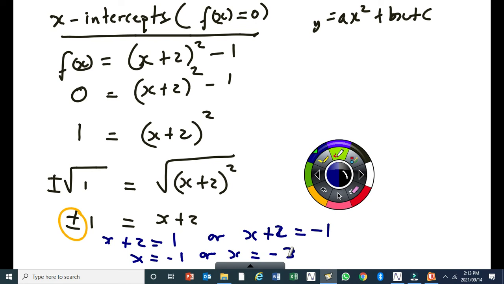In grade 10, your x-intercepts had the same value in terms of magnitude. If you got a negative 1 first, the other one would be a positive 1. If you got a negative 3 first, the other one would be a positive 3. In grade 11, that's not the case, because the y-axis is no longer the axis of symmetry because of the horizontal shift.